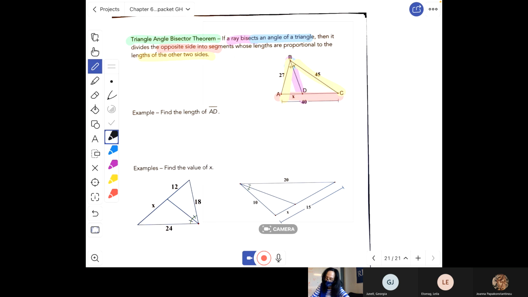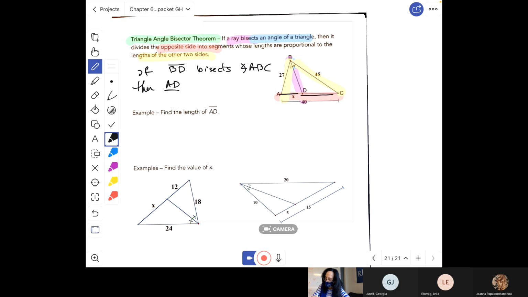So let's write that out formally. If I have a ray, what is my ray? That is bisecting the angle, BD. So if BD bisects angle what? Beautiful. Then I know this over this.